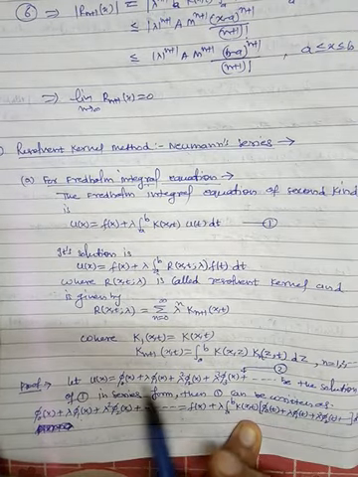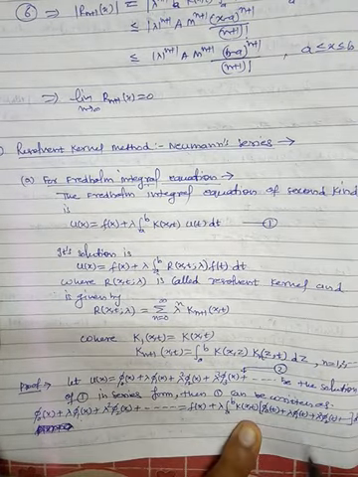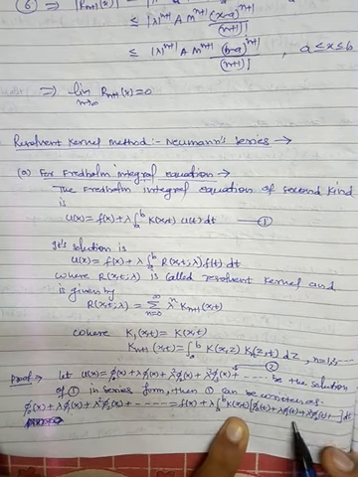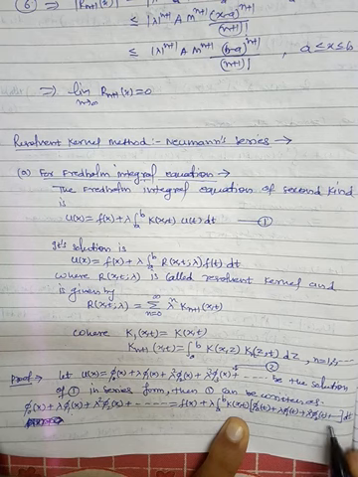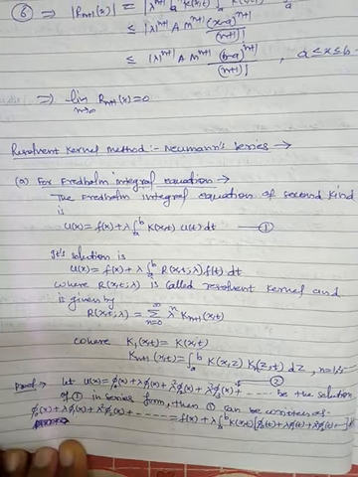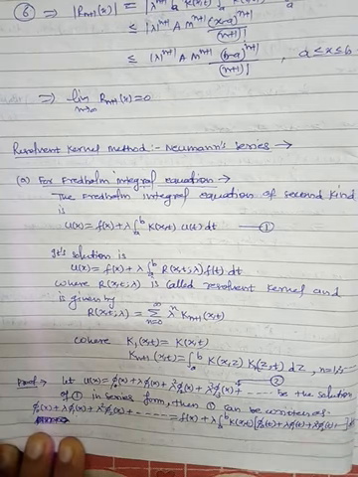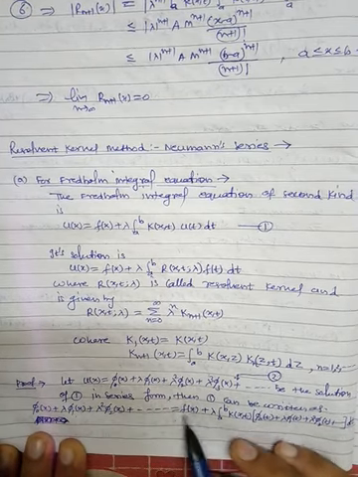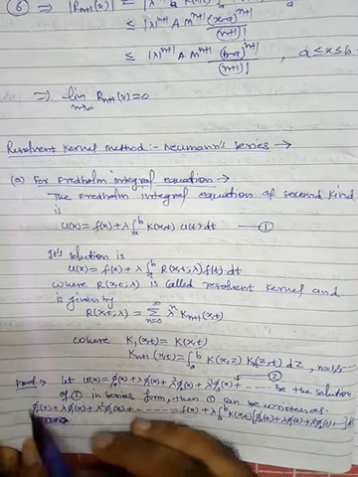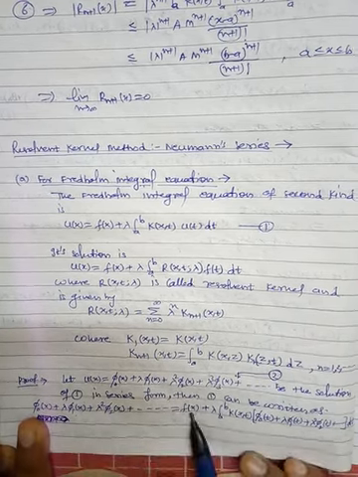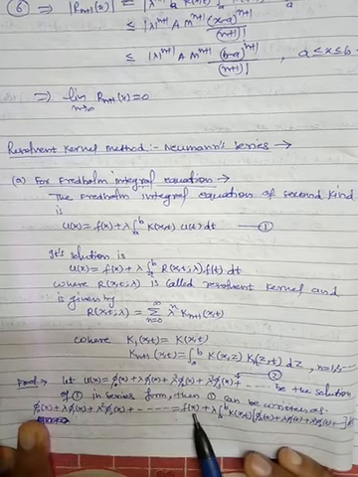Just replace x by t in this entire solution, so this is written here: phi_0(t) plus lambda phi_1(t) plus lambda squared phi_2(t) and so on, dt. Now equating the coefficients of like powers of lambda. For example, here there is no coefficient of lambda, so they can be equated with each other. So phi_0(x) is equal to f(x).